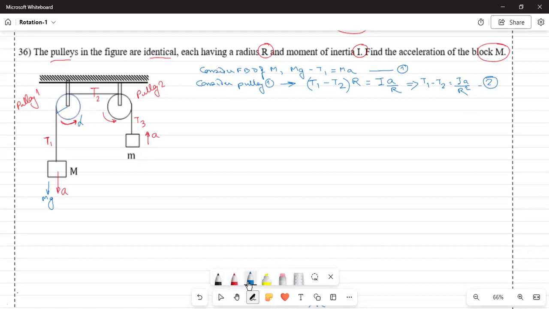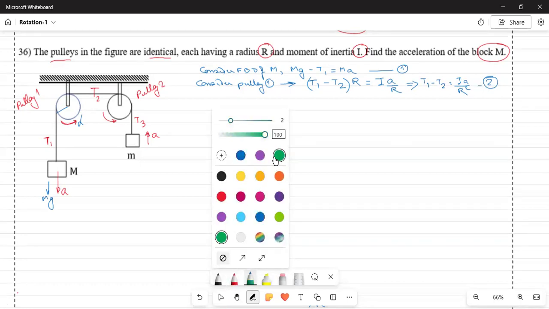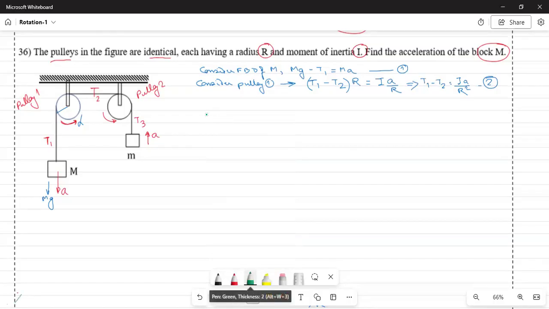Next, we go to the free body diagram of small m. Small m moves upward and its upward force is T3, minus the downward force small mg.